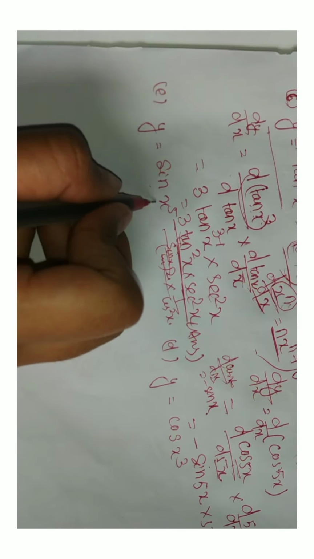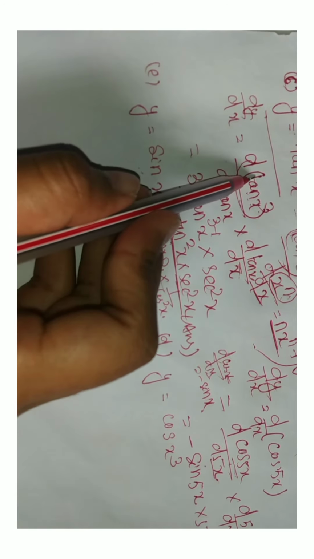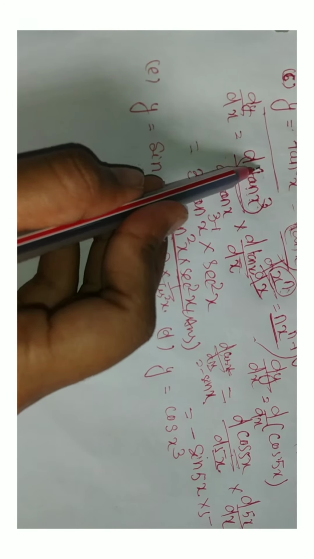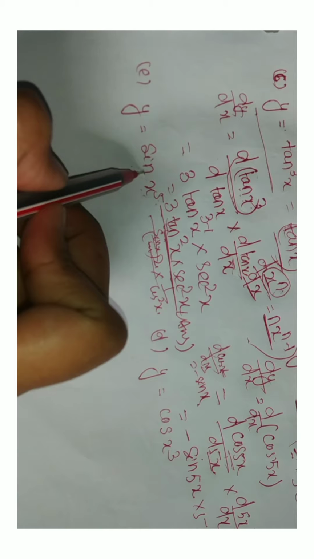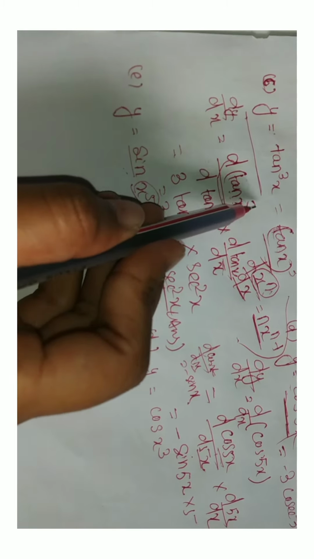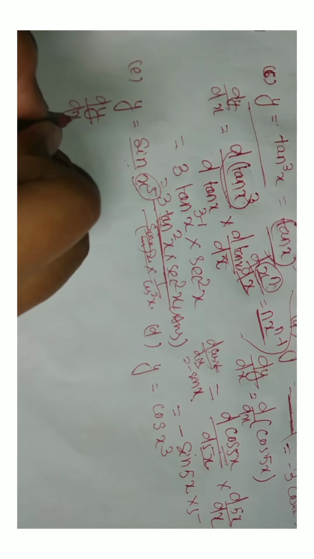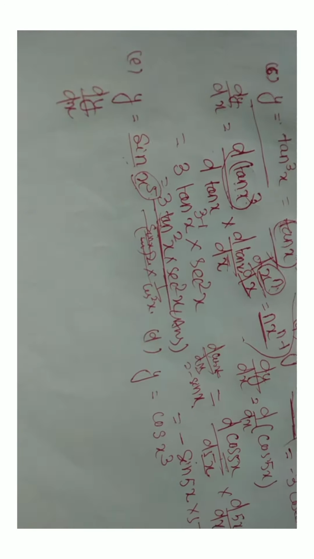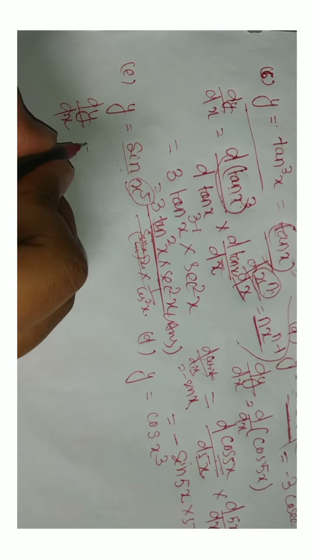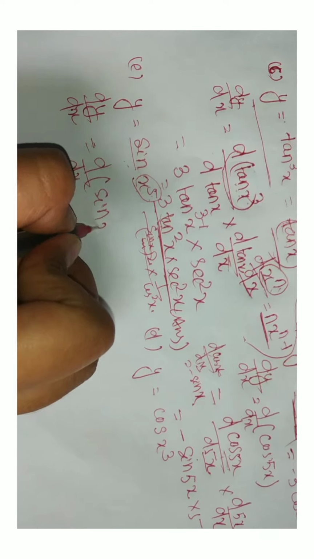Here another example, y is equal to sin x to the power 5, here sin x, here x to the power 5, here whole to the power 5. So the derivative of sin x to the power 5 is d by dx of sin x to the power 5.